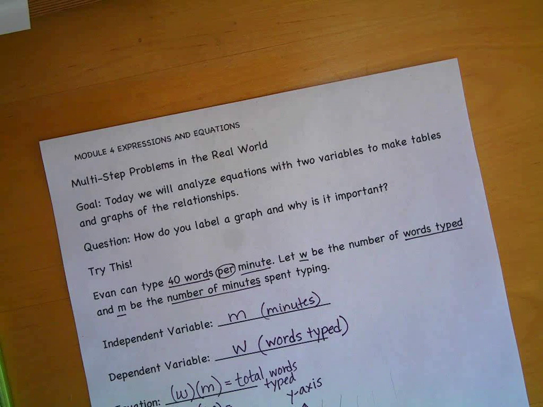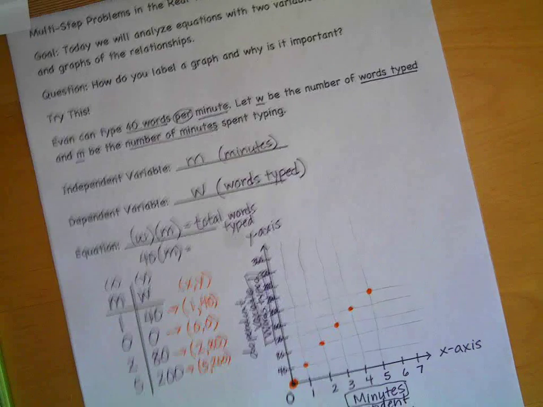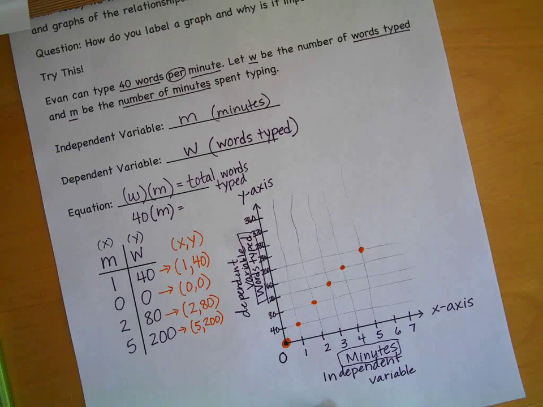Okay? All right, so today we will analyze equations with 2 variables to make tables and graphs of the relationship, which is exactly what we just did. How do you label the graph and why is it important?